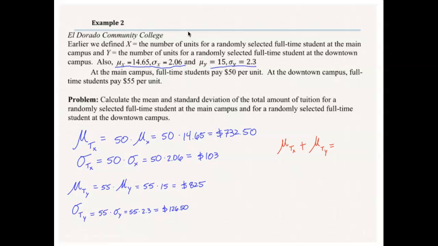And that's just going to be my 732.50 plus 825. All right, so 1557.50.